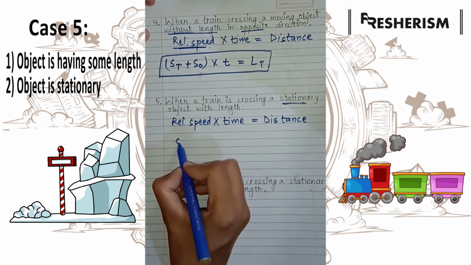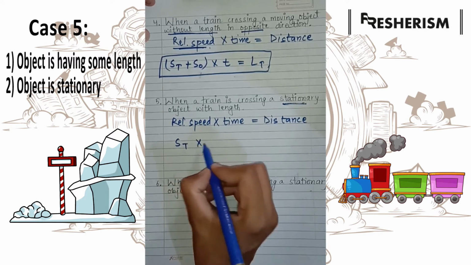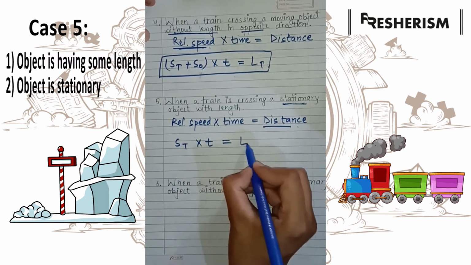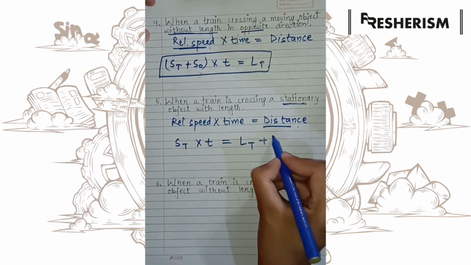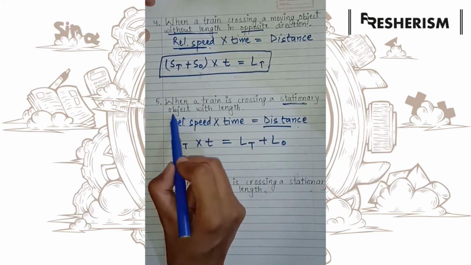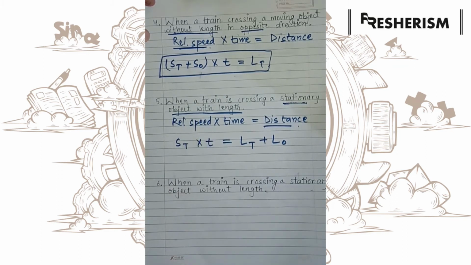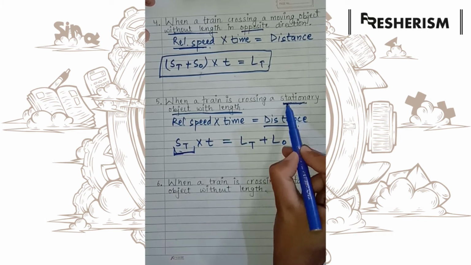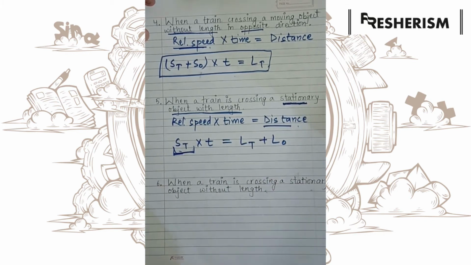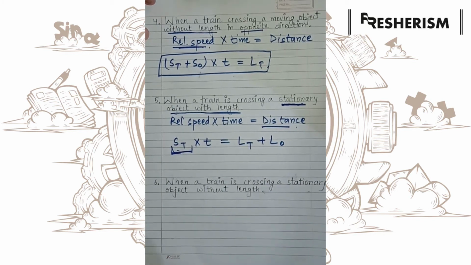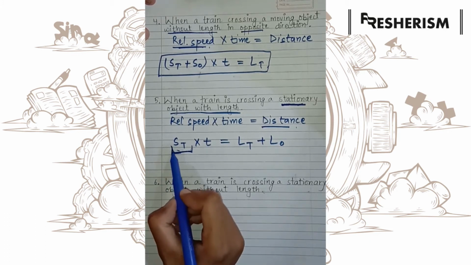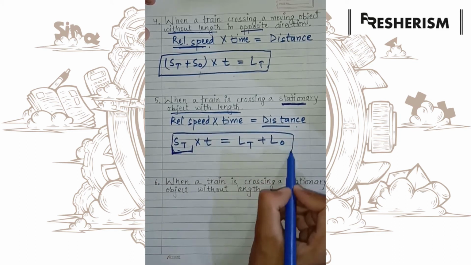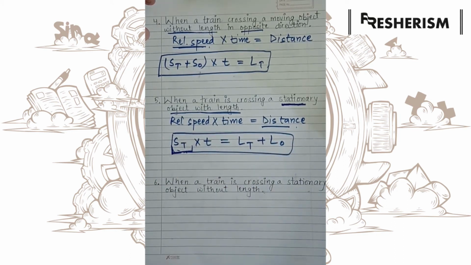So speed of the train multiplied by the time taken will be equal to the distance, that is the length of train plus the length of object, as the object is with length. The speed here is just the speed of train as the object is stationary and it does not have any speed of its own. Therefore, the overall speed is just the speed of the train. So this is the basic formula for this particular case.